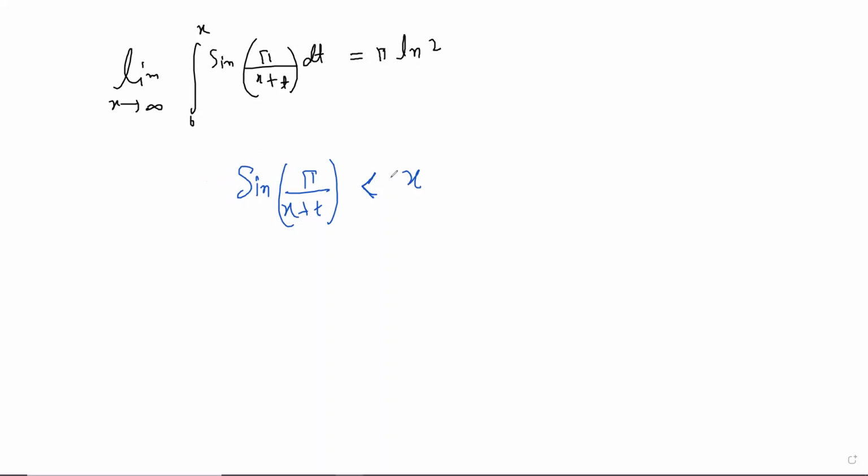Less than pi by x plus pi, not x. Right. So you will see that if you put zero as a lower bound, then it does not work. Certainly, you can check that, and it's not even true.